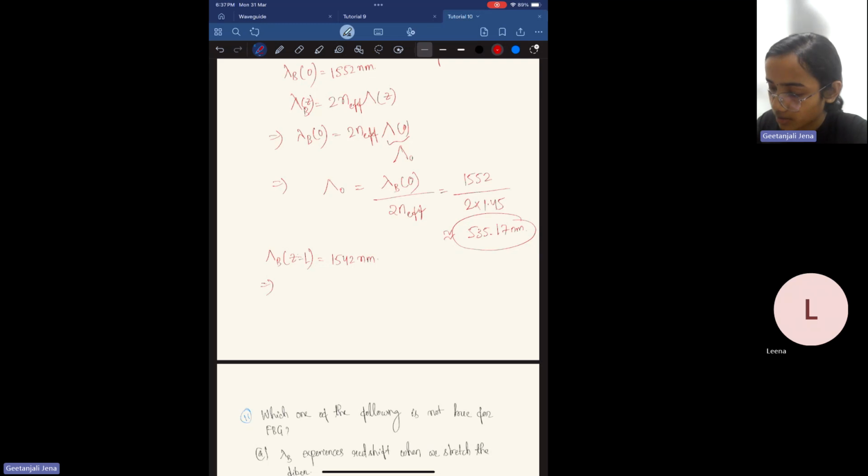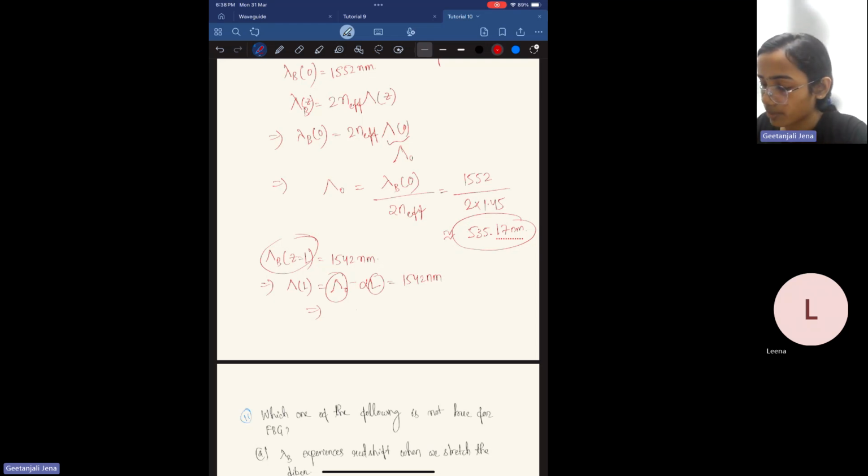So for this expression, lambda L is lambda 0 minus alpha z, with z being L. Lambda 0 we have already calculated, and L is also given, 25 mm.